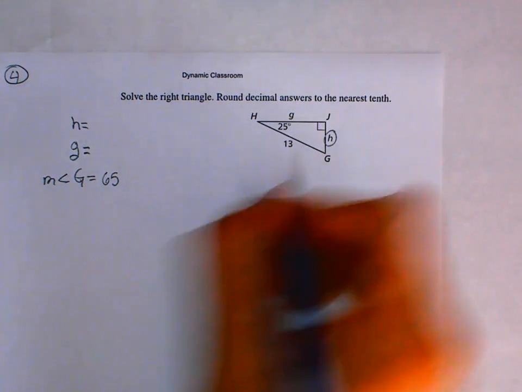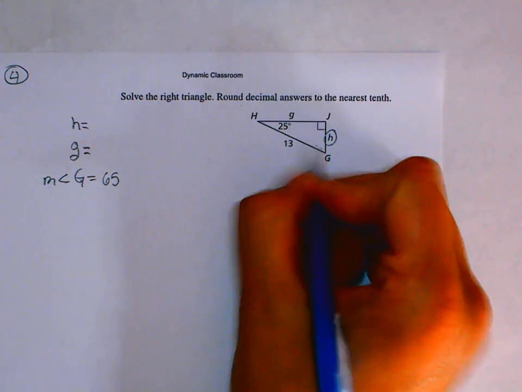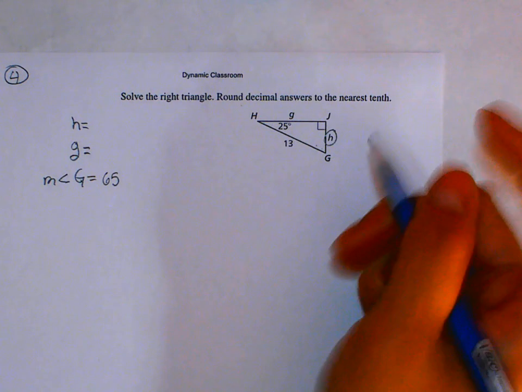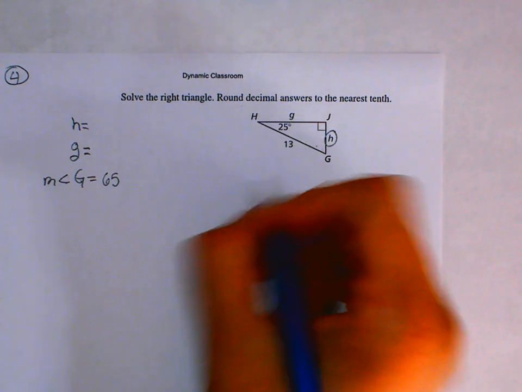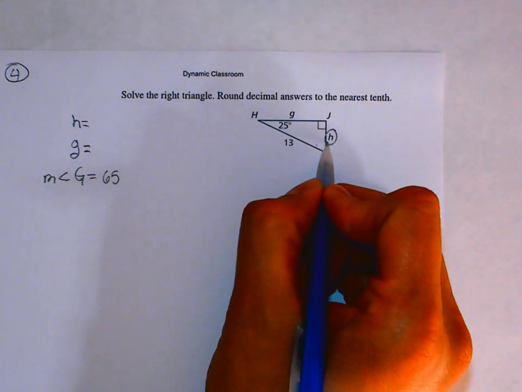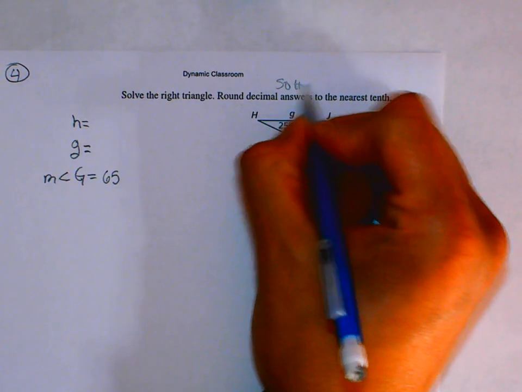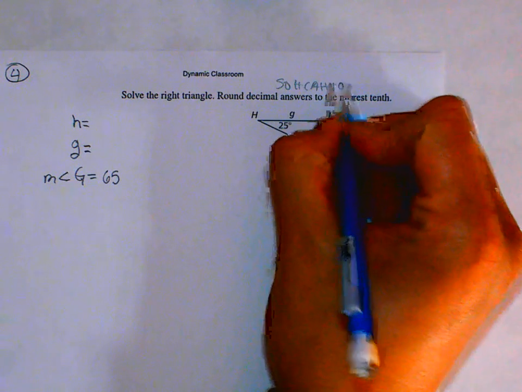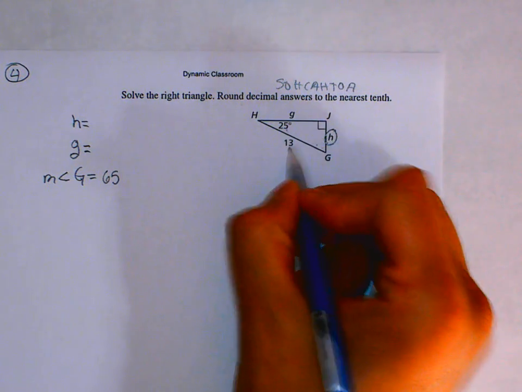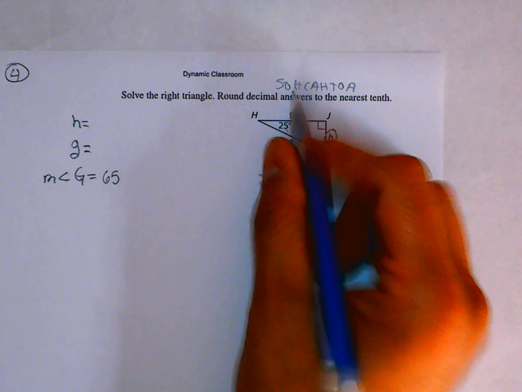Now, I could use this one because it came out an integer, but let's pretend like we didn't know that. So I'm going to use, well, let's see, what am I going to use? I know this is my opposite. I know my hypotenuse. So out of the three ratios that I have taught you, which one uses the opposite and the hypotenuse? Sine.